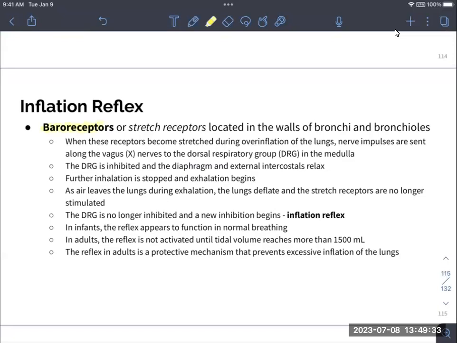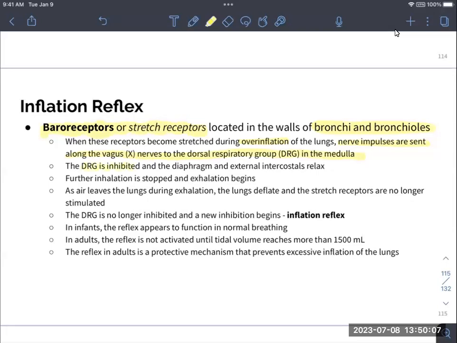Baroreceptors or stretch reflexes. These are also going to play a role in our breathing and information coming down from the brain. We have these in the bronchi and the bronchioles. So when these receptors are stretched, which is why they're stretch receptors, this will happen during overinflation. So taking a really deep breath in, that vagus nerve is going to send impulses to that dorsal respiratory group.